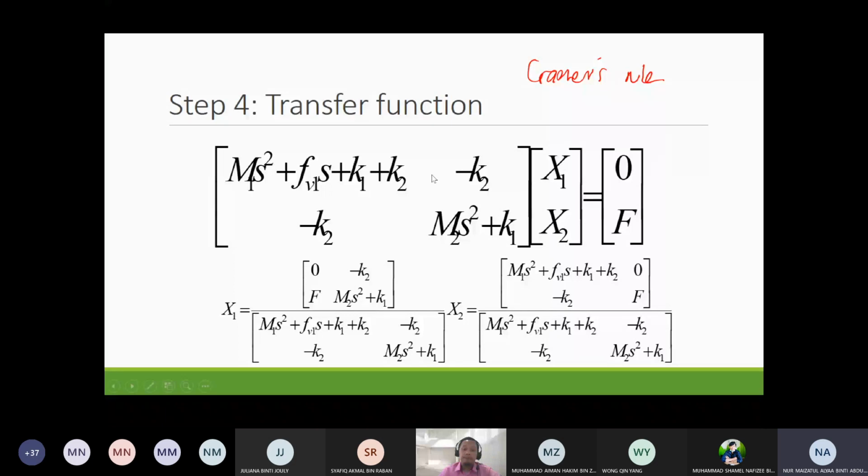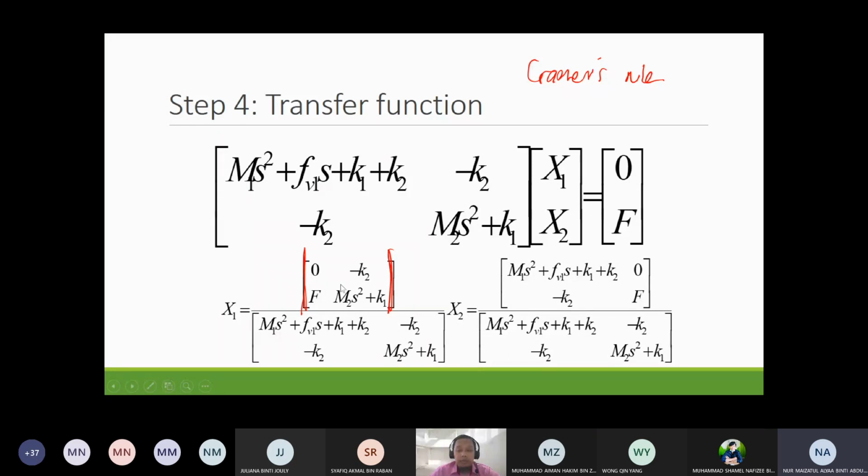So for example, if you want to find x1, x1 equals, so this is the determinant. Okay, there is a mistake here. So determinant of matrix. I hope you understand what is the determinant of a matrix. To find x1, firstly on the numerator, you find the determinant of this matrix. How to get this matrix?